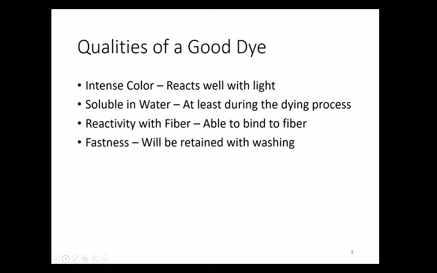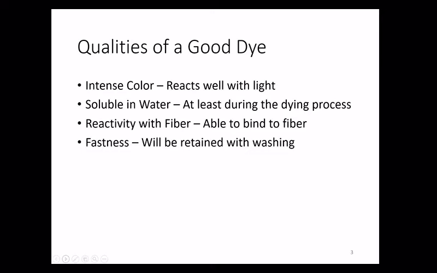Reactivity with the fiber. Since it's not simply setting on the surface of the fiber or the material that we're using, but actually incorporates with that, it must be able to react to it, to bind in there, form chemical bonds, as we'll talk about and have presented with the mordants. These are going to be primarily ionic and hydrogen bonds.